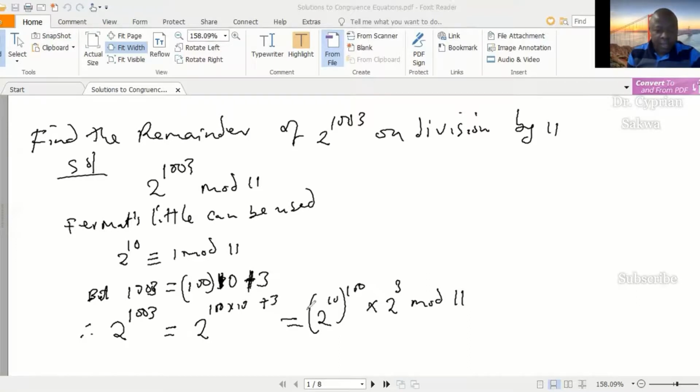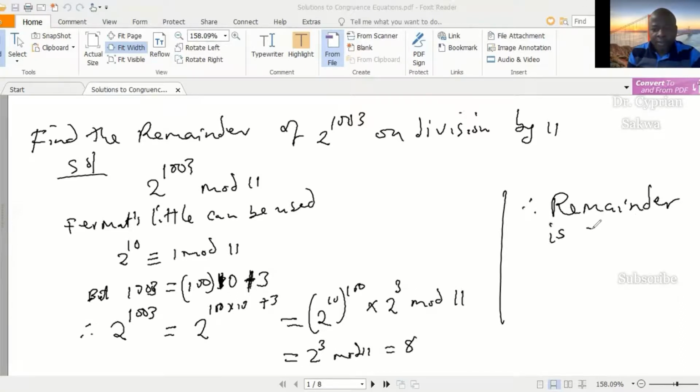But 2^10 is 1, so 1 raised to 100 is 1. What we are left with is 2^3 mod 11, which is 8. So the remainder is 8. If we take 2, raise it to 1003, and divide the result by 11, we find a remainder of 8.